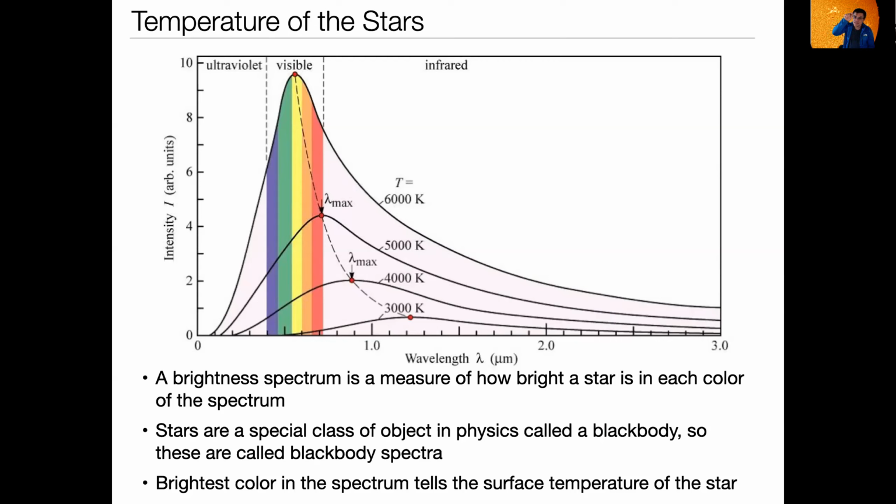The surface temperature of the sun is that 6,000 kelvins that the curve is labeled with. What we discovered in the early 20th century, this is called the black body radiation law, is that the shape of that curve is determined by the temperature of the object emitting the light. And so if you can measure one of these curves for a star, which curve you're on tells you the surface temperature of the star.